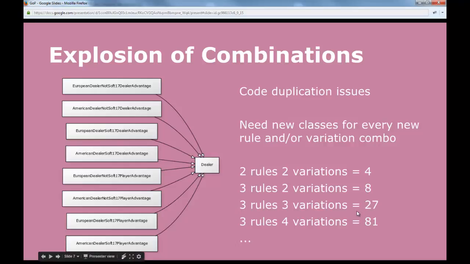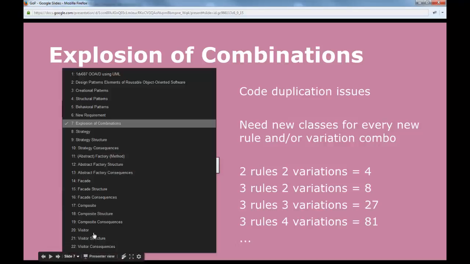And if we invent 3 variations, then we need to implement 9 in our design versus 27 if we use inheritance. And if we invent 3 rules with 4 variations, it's 3 times 4, so 12 instead of 81. So composition in this case is really, really powerful.